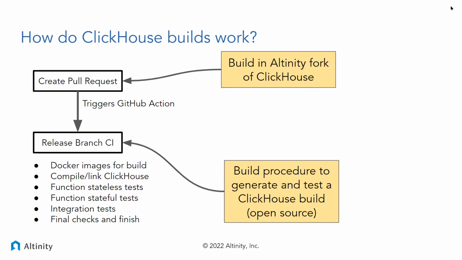During the PR process, CI/CD is executed, which builds lots of Docker images that are required for building and testing, builds ClickHouse itself, and runs a plethora of functional tests like stateless tests, stateful tests, and integration tests. Then we compile all those checks in one build report and proceed to the next stage, doing QA on the builds.